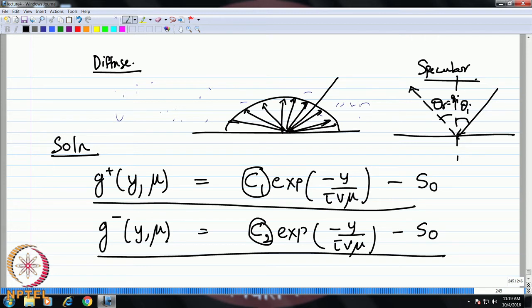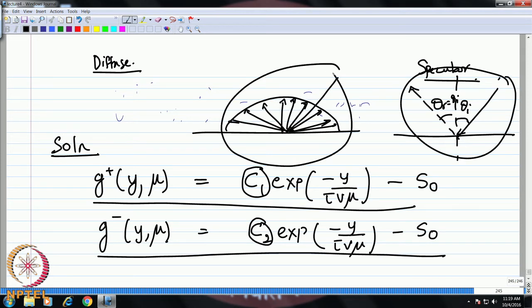Okay. So, therefore, this is a completely different kind of boundary condition compared to this.